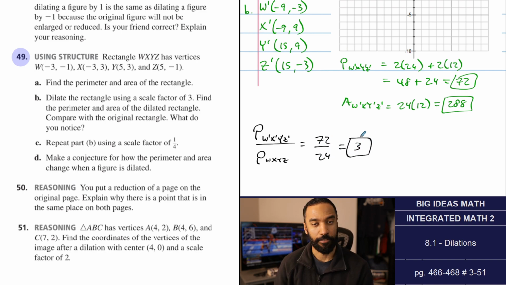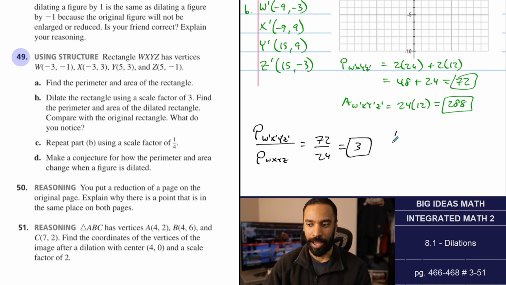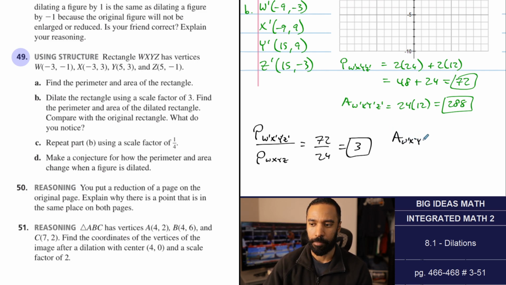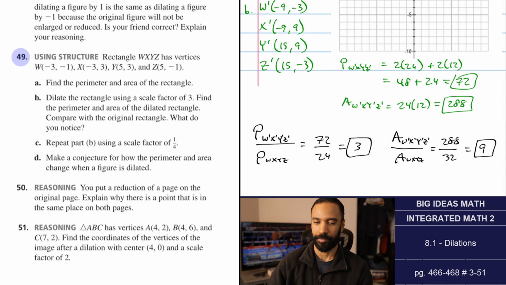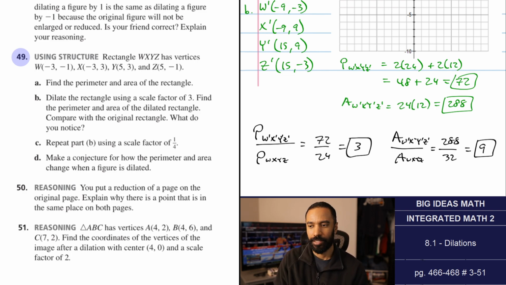That matches with the scale factor. Area, however, is a little different. Area W prime, X prime, Y prime, Z prime divided by area of WXYZ is 288 over 32, which is 9.